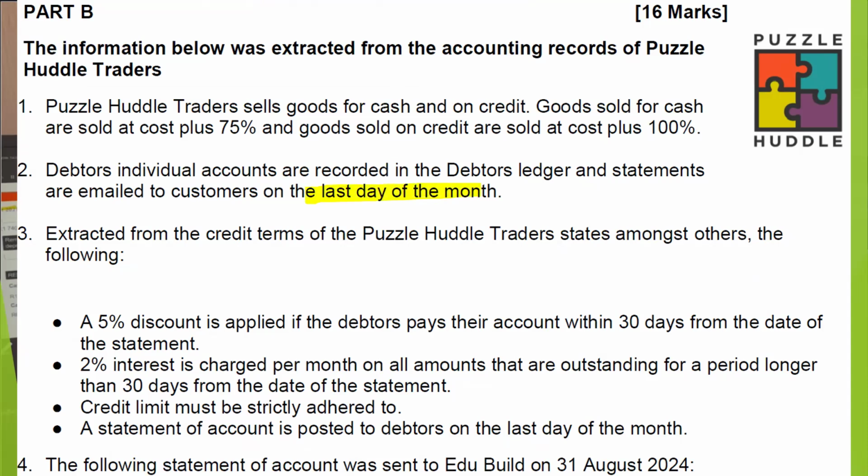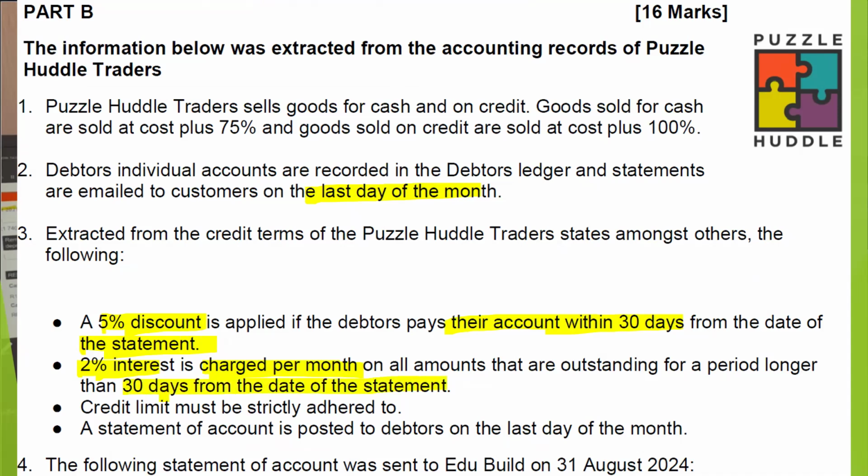Okay, I'm just going to highlight that. Extracted from the credit terms of Puzzle Handle Traders states, amongst others, the following: a 5% discount is applied if debtors pay their account within 30 days from the date of statement, and 2% interest is charged per month on all amounts that are outstanding for a period longer than 30 days from the date of the statement.